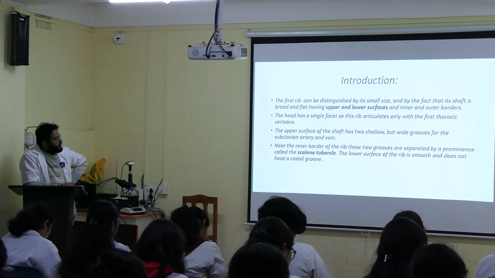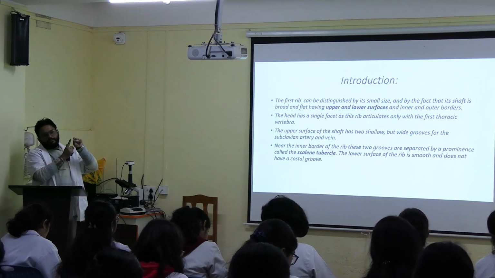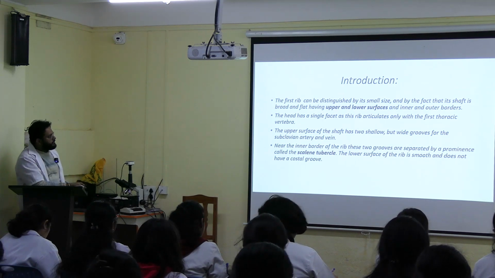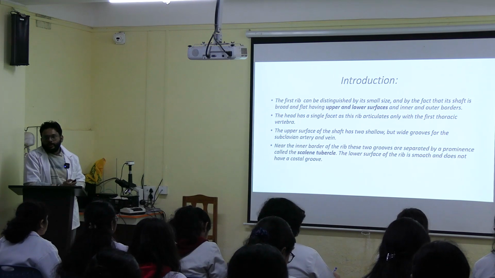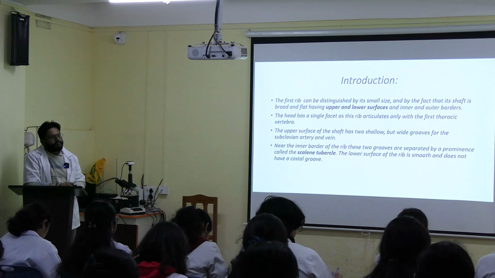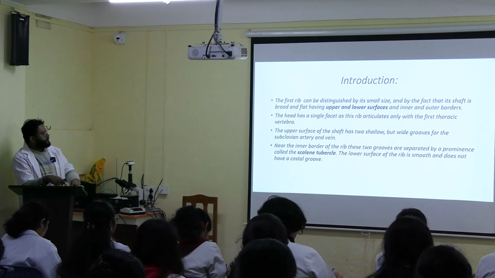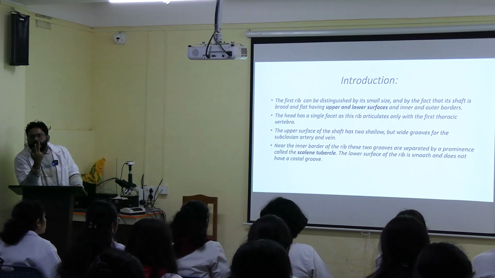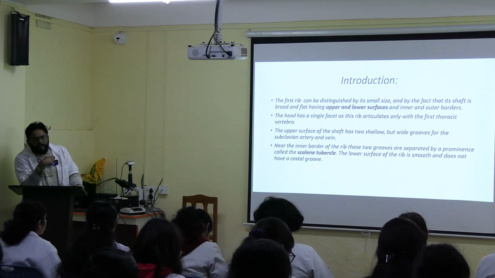The head has a single facet. It articulates with the first thoracic vertebra. The upper surface of the shaft has two grooves, for the subclavian artery and vein, as I told you.